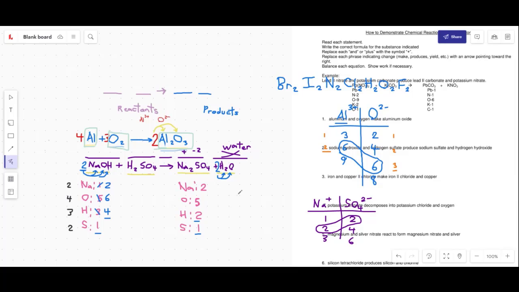So how many hydrogens do I have on the right-hand side now? 4. And how many oxygens do I have on the right-hand side? 6. So 2 from the water, because there's 2 waters, and 4 from the SO4, from the Na2SO4.